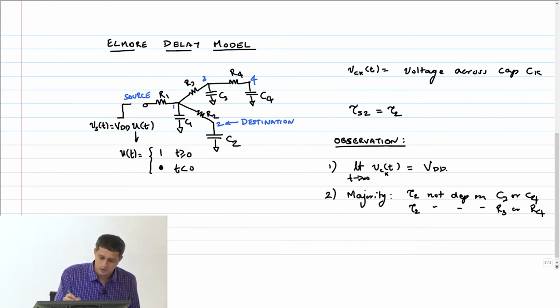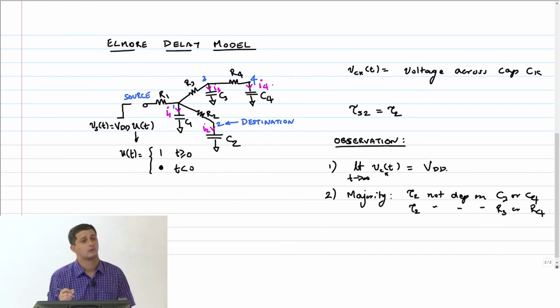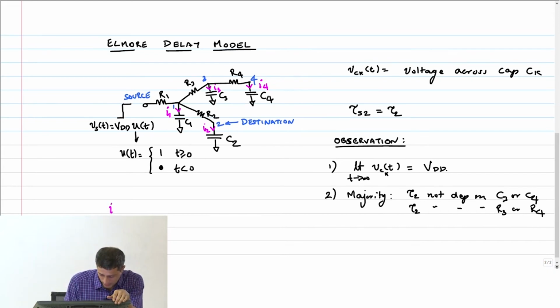Now let's put in some notation. The current through each of these nodes, I am going to call I1, I2, I3, I4. So the current Ik of t, what is it in terms of Vck of t?